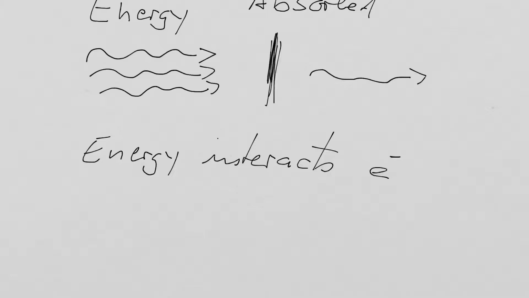So when we have this interaction between electrons and energy, we need to have exactly the right amount of energy so that the electrons are able to jump to the next level.